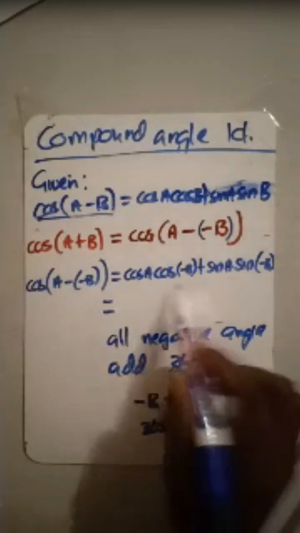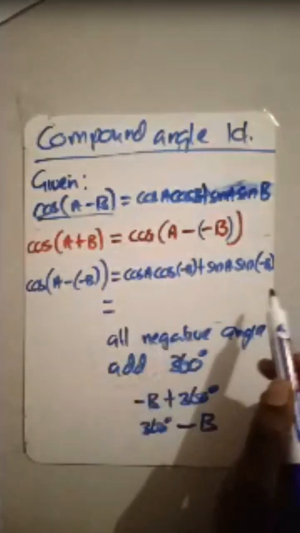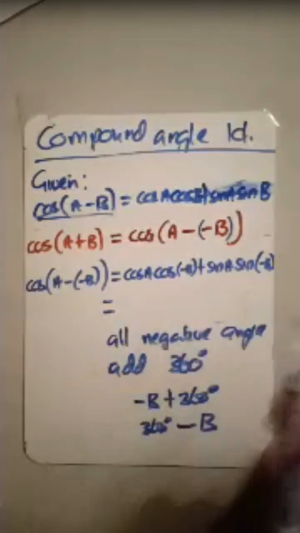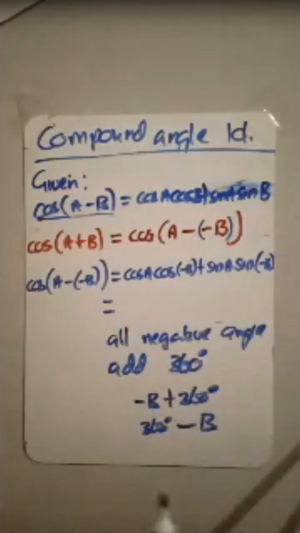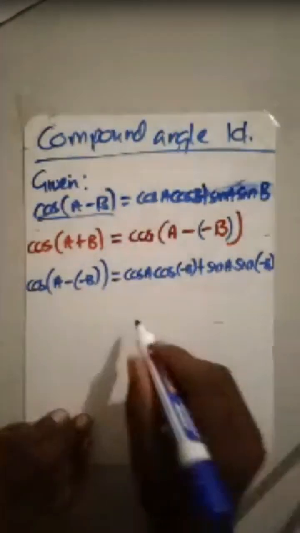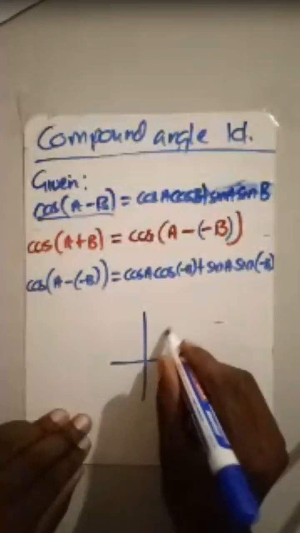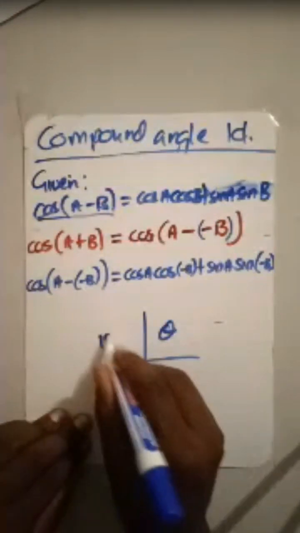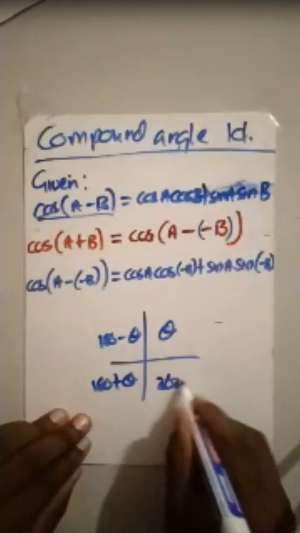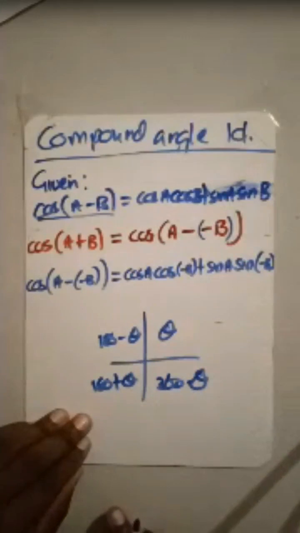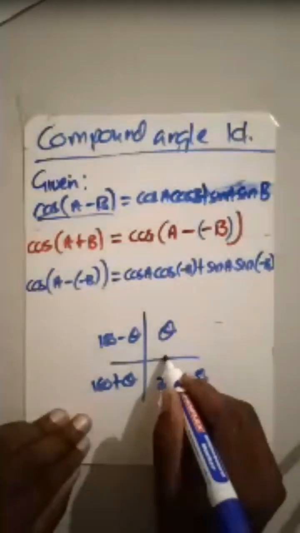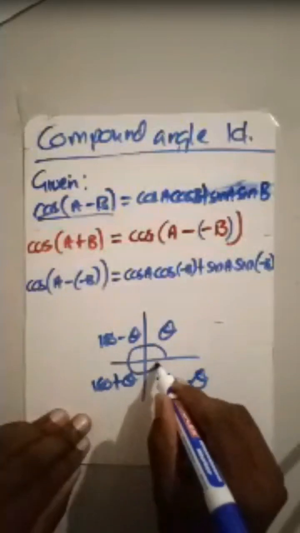So now here we are going to deal with reduction. Are we together? Reduction is in such a way that here it's just theta, here it's 180 minus theta, here it's 180 plus theta, here it's 360 minus theta. Remember that angles are measured in an anti-clockwise direction.